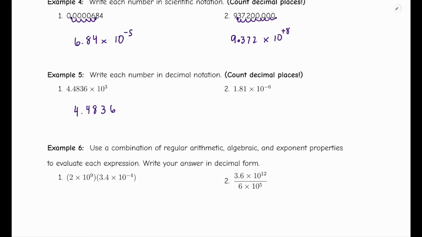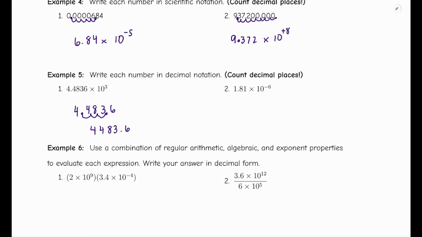When my teachers told me, when it's positive, you move to the right, and when it's negative, you move to the left, I always got it mixed up. So what I say instead is, is it positive or negative? Well, it's positive, which means the number has to be large. So which way do you have to move the decimal in order to make the number larger? To make the number larger, I need to go this way. 1, 2, 3.